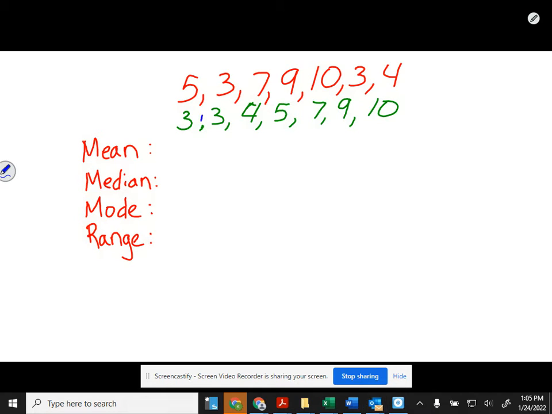Then to find the mean, we have to add them all up, divided by the number of numbers. And what did you get when you added them all up? 41. And what do we divide by? 7. Because there are 1, 2, 3, 4, 5, 6, 7 numbers, we divide by 7.